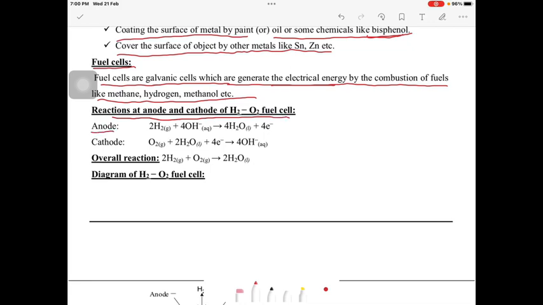At the anode, hydrogen reacts with OH- and forms H2O and 4 electrons. Oxidation takes place. At the cathode, O2 takes 4 electrons in the presence of water and forms 4OH-. Overall cell reaction in the H2-O2 fuel cell: 2H2 + O2 gives 2H2O.